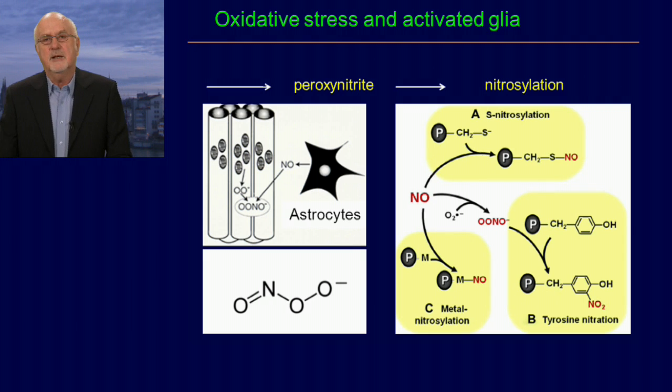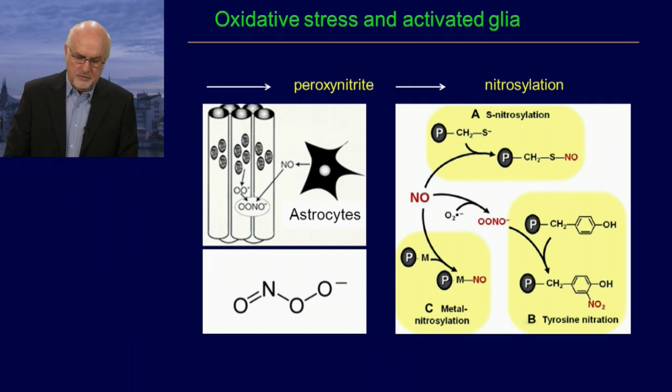Now, if in the neighboring axons the mitochondria produce superoxide, the two molecules fuse and form peroxynitrite. Peroxynitrite is very damaging because it leads to nitrosylation of functional groups, particularly of SH groups, the so-called S-nitrosylation.